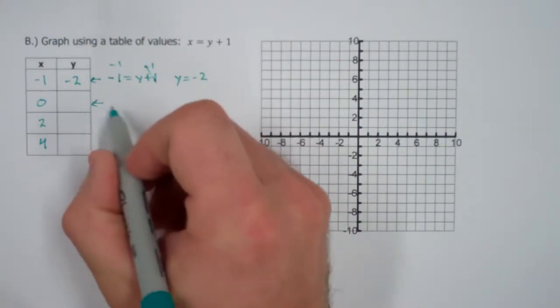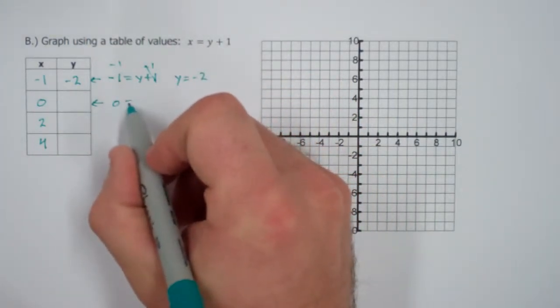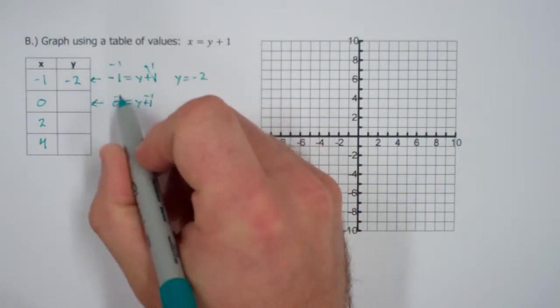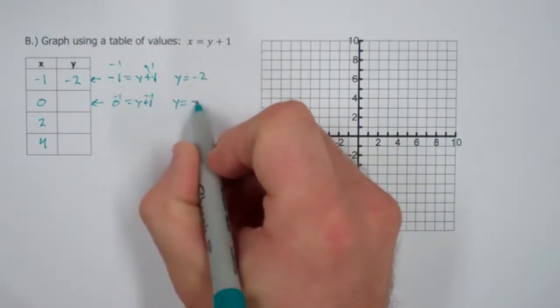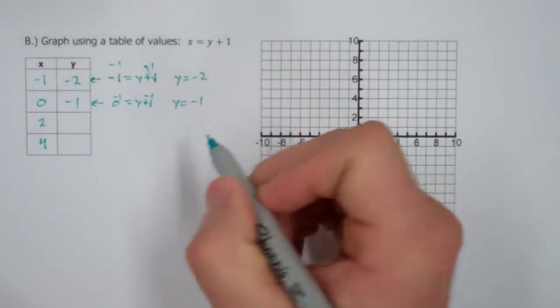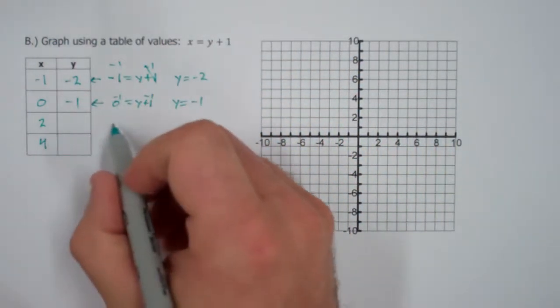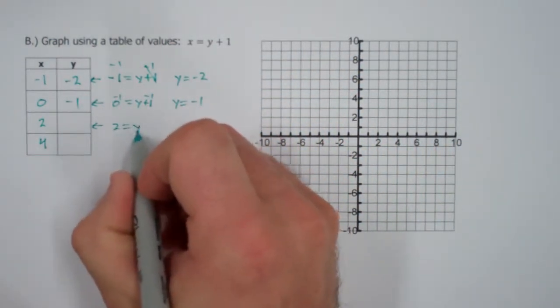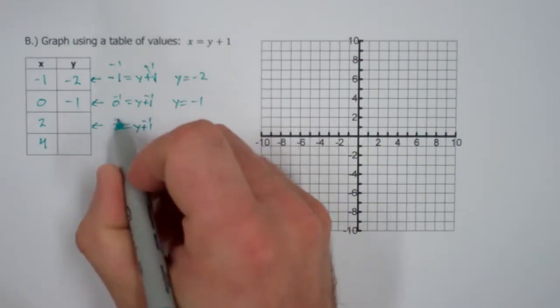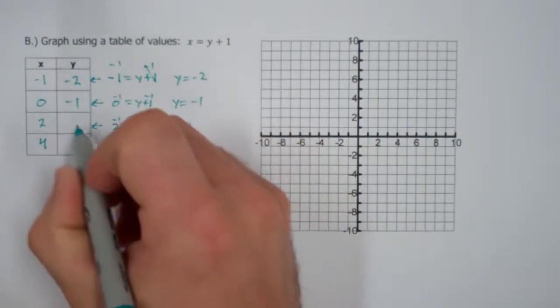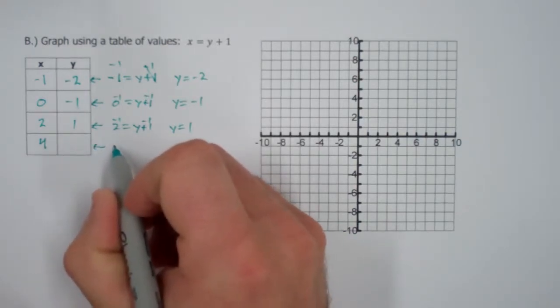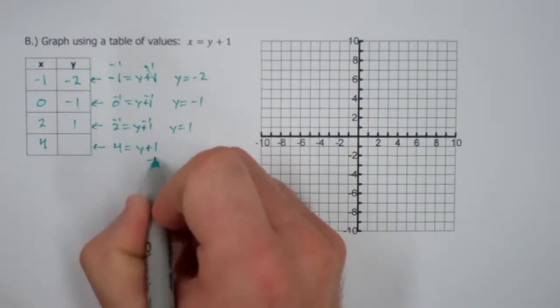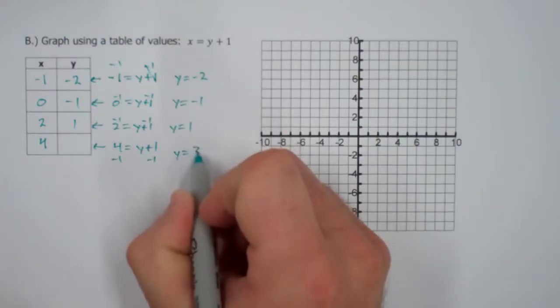The next one is going to be 0, so 0 is equal to y plus 1. We'll subtract 1 from each side, and y will be -1. 2 is the next one. 2 is equal to y plus 1, so we'll take away 1 from each side, and y will be 1. 4 is equal to y plus 1, subtract 1 from each side, and y will be 3.